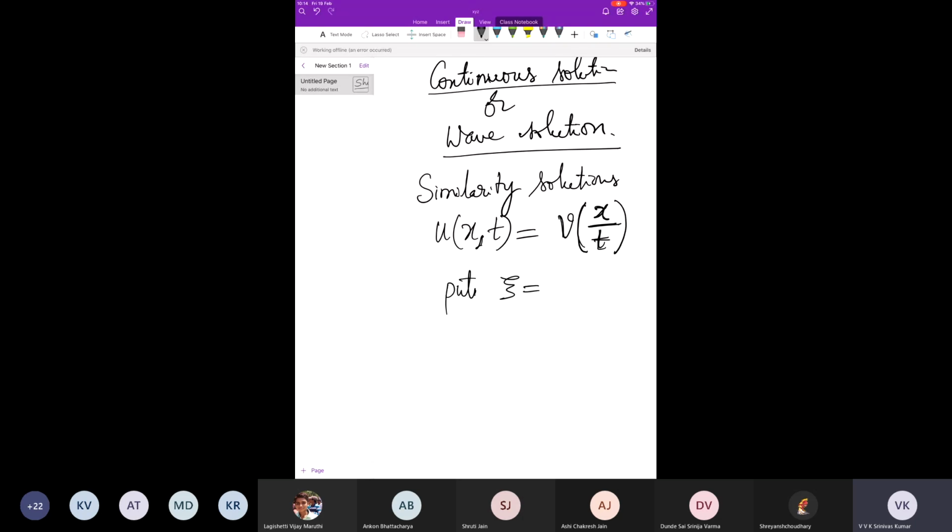So we are defining a new variable, which is x upon t, and the solution is a function of it. This is called a similarity type of solution. It is a very common way of defining a solution. For t positive, then only we can divide by t.